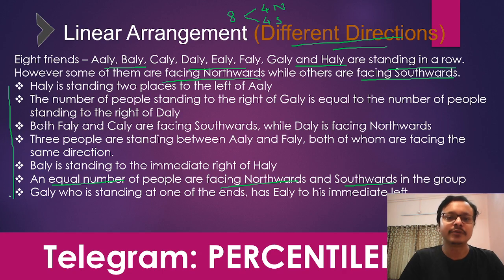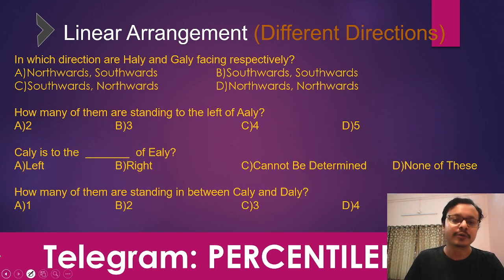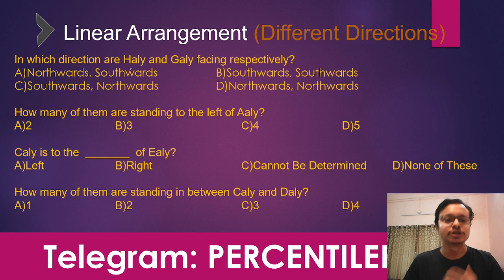Now, as I've always said, whenever you encounter any DILR set, the first 1 minute should be spent going through the questions and options so that you know what exactly to focus on. The first question is asking, in which directions are Halley and Galley facing respectively?